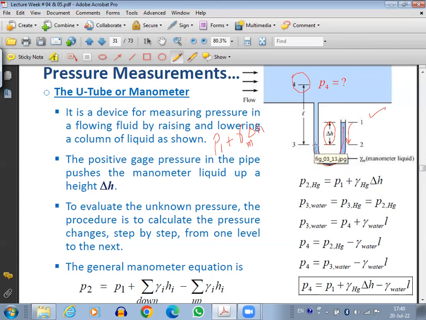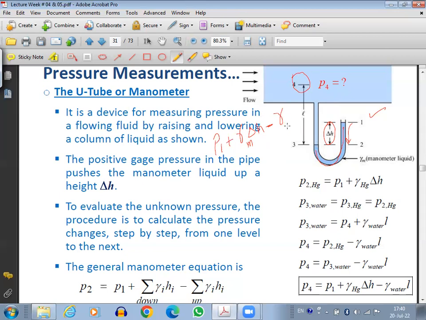Okay, now from 3 onward I can move up to reach 4. When I'm moving up, it should be negative, because whenever you move down it's positive, whenever you move up it's negative. Gamma, now this gamma will not be for the manometer fluid but for the pipe fluid, because this pipe fluid has come to this point, right?